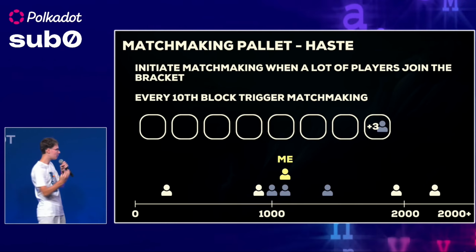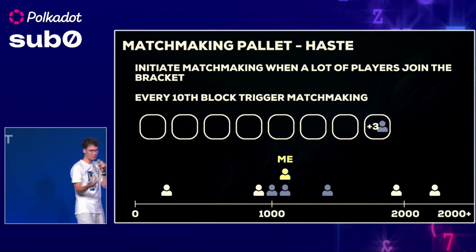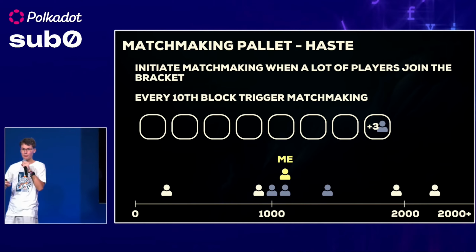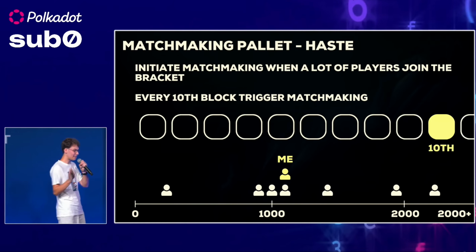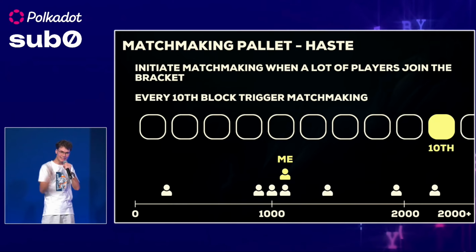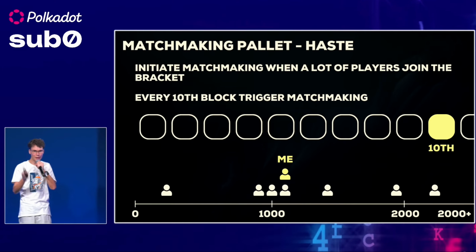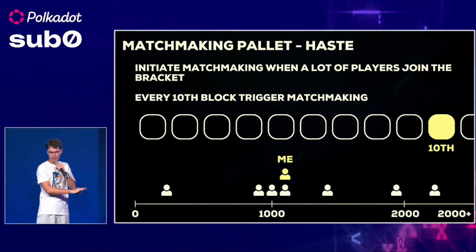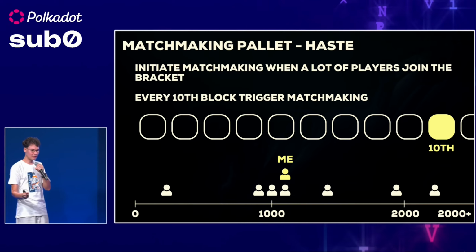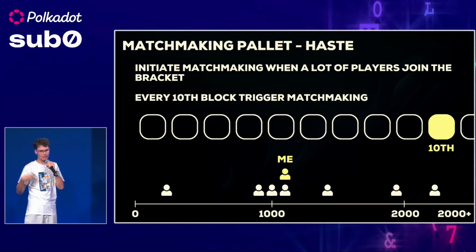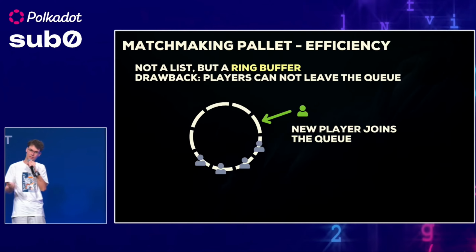Then a bit more blocks, only maybe 3 more players join. But it's still not enough. Maybe you would want to wait a bit longer. But then at every 10th block, which means every minute, we will just decide to matchmake them no matter what, so that the players don't wait for too long.